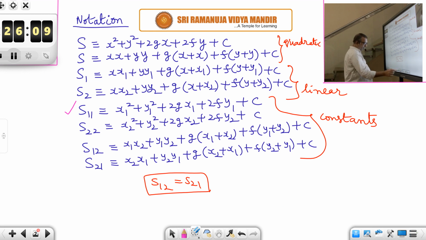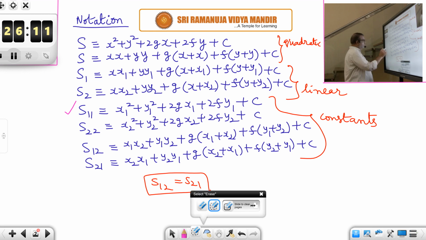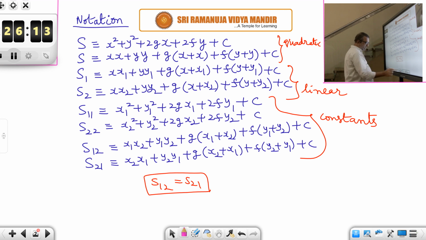What is S1? Tell me. So here I have written linear. S1 and S2 are linear. So what is our equation? S1 plus S2 is equal to S12. S1 and S2 are linear.